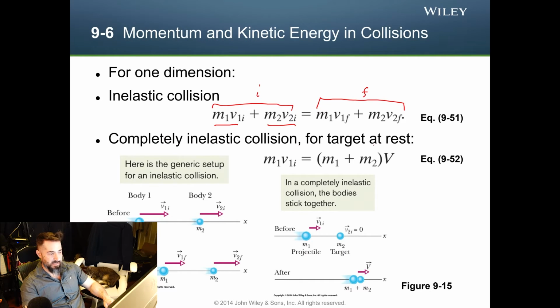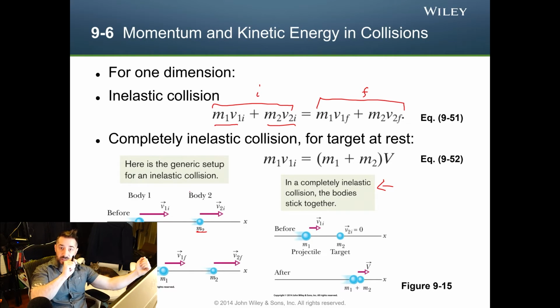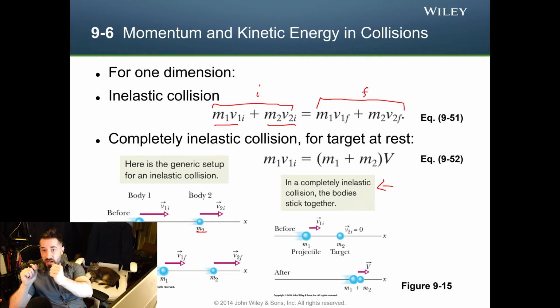So completely inelastic, remember this meaning they stick together, is going to be this situation here. In order for these two bodies to collide, V1 must be greater than V2, meaning mass 2 is moving slower so that mass 1 can catch up to it. The mass behind is moving faster, so it's going to catch up.